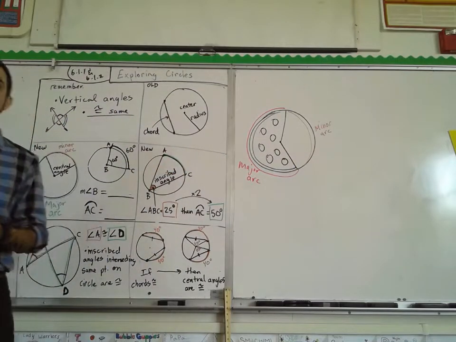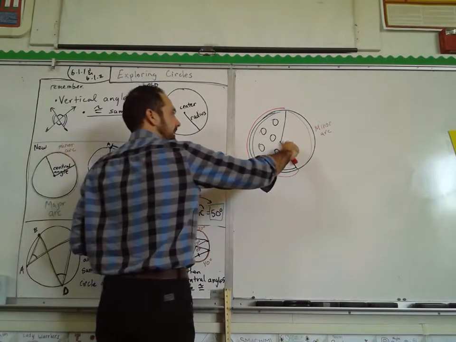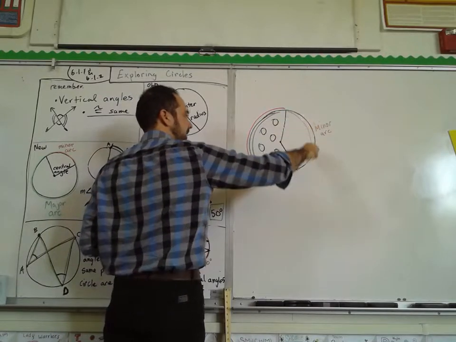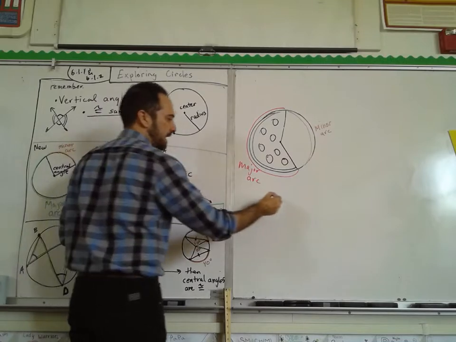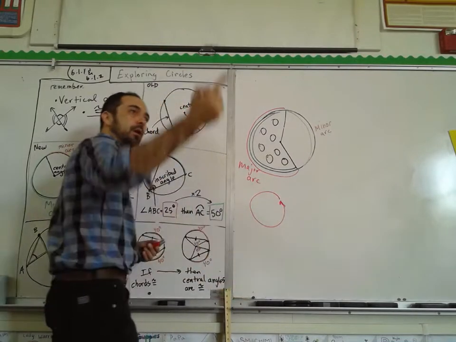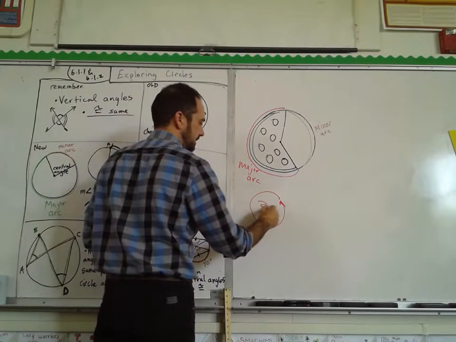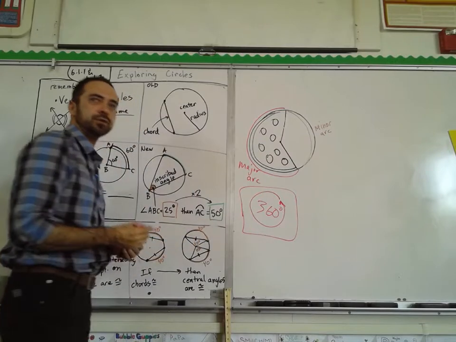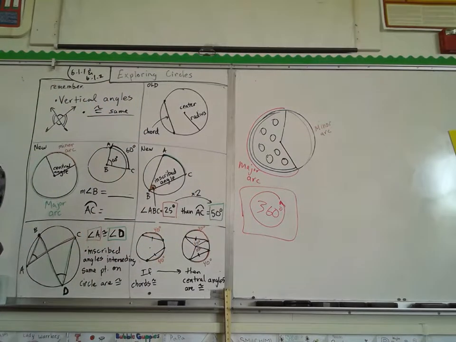So the degrees of the angle is equal to the degrees covered by this arc. So all the way around a circle is how many degrees? 360. Write that down, actually, if you questioned that or you weren't sure. So a circle is 360 degrees.